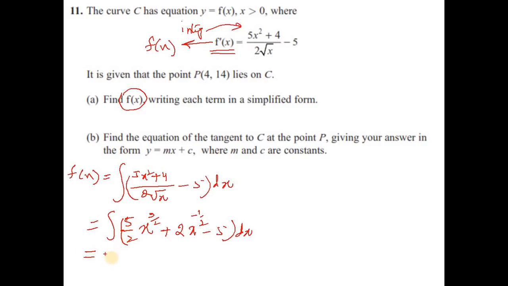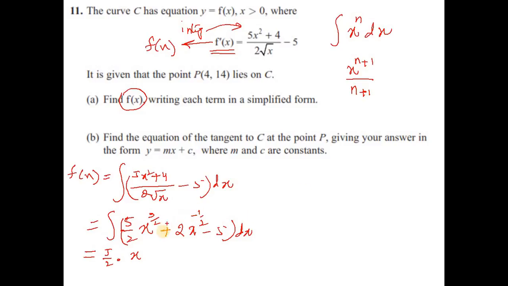So 5 by 2 into, if you integrate x to the power 3 by 2, so 3 by 2 plus 1. Remember, for integration, if you have x to the power n dx, when you integrate this, you have x to the power n plus 1. You add 1 to the power and divide by n plus 1.